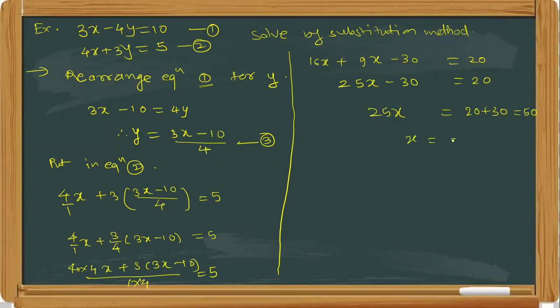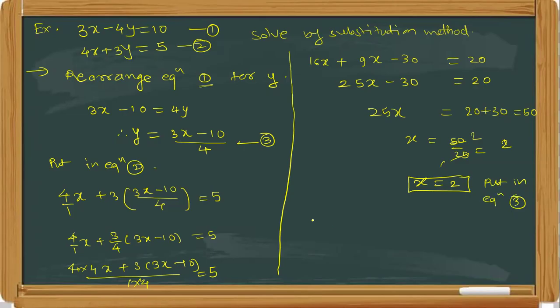So x equals 50 divided by 25, sorry. 25 ones are 25, 25 twos are 50. So it will be 2. So you have got the value of x to be 2. Put this in equation 3.